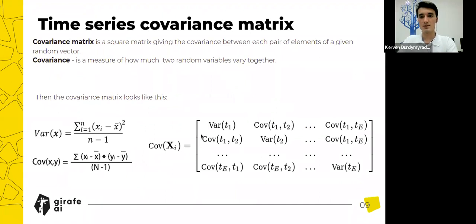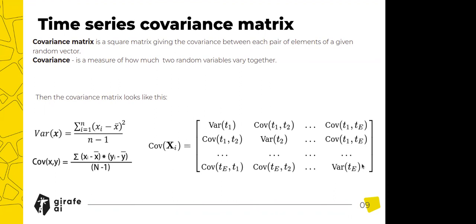For example, this is the dimension of the covariance matrix, and as you can see, E is electrodes put on our brain. So if we use 21 electrodes, we have 21 channels, and the dimension of the manifold is n squared.